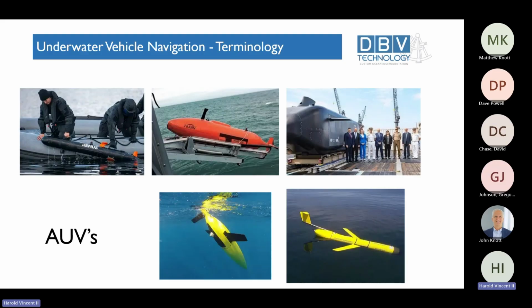So, for example, if it has a 2-to-1 glide slope, such as the Sea Glider AUV, which has a 1,000 meter depth rating, as it descends from the surface to 1,000 meters deep, it will move horizontally by 2,000 meters. When it gets to 1,000 meters deep, it will make itself positively buoyant.